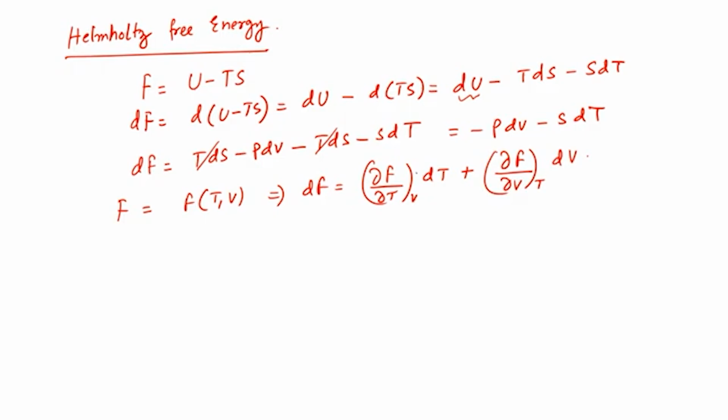Now, we can again do a comparison between the two. So, P is nothing but minus del F del V at constant T, and S is nothing but minus del F del T at constant V.